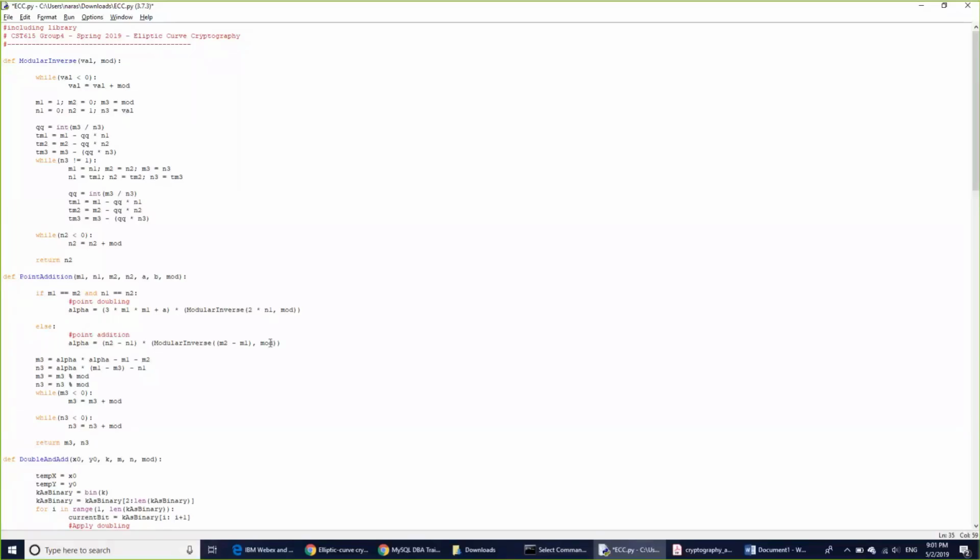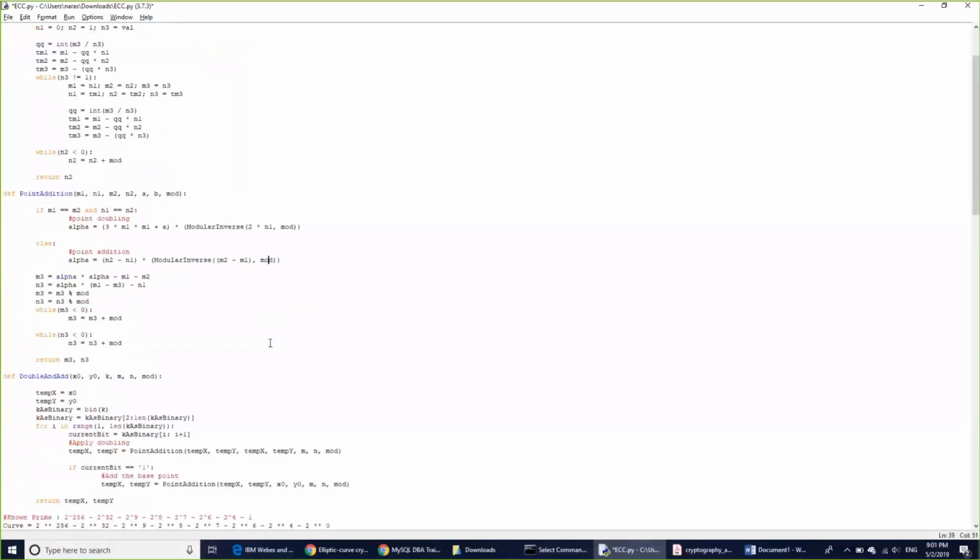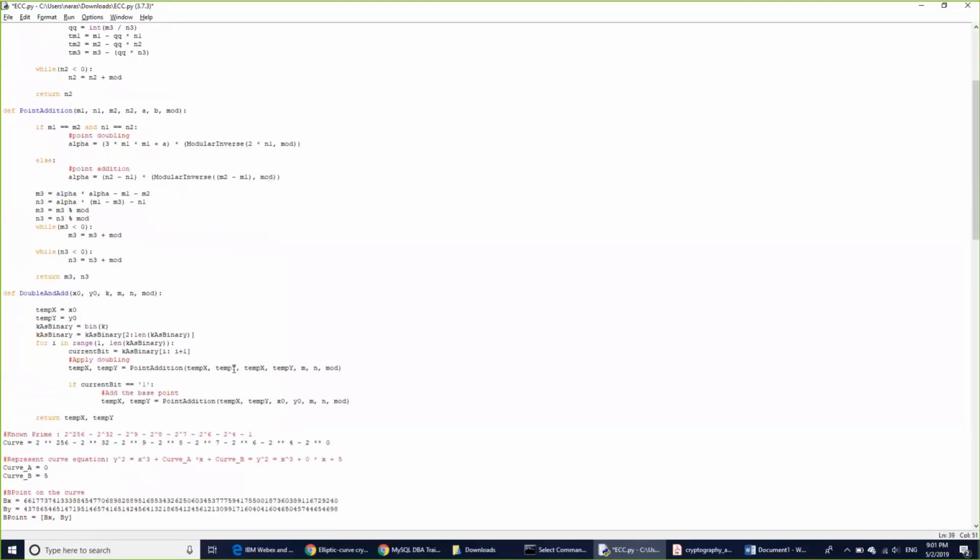So basically, elliptic curve cryptography is an approach to public key encryption based on the algebraic structure of elliptic curves over finite fields. ECC is difficult to explain compared to other methods.